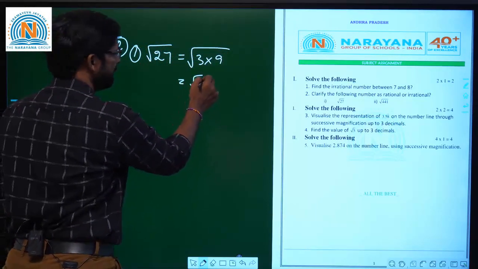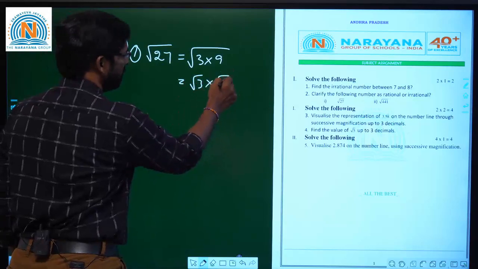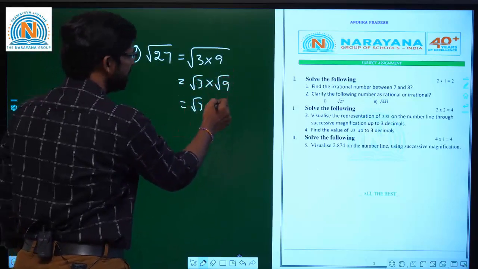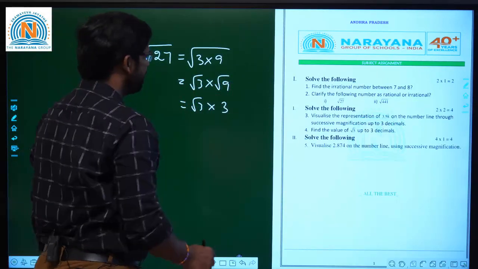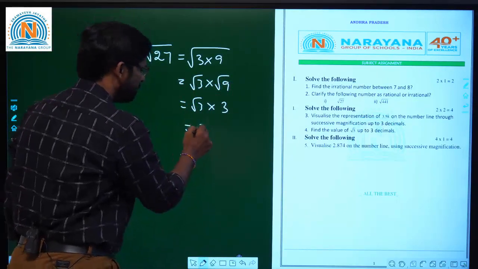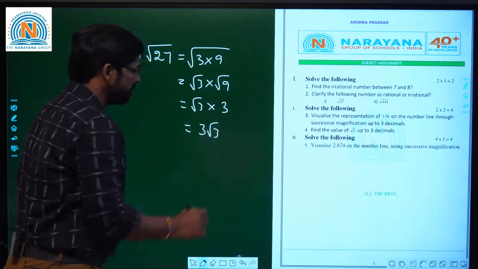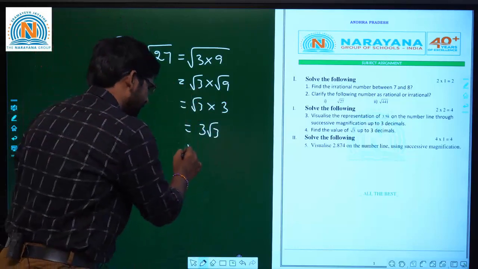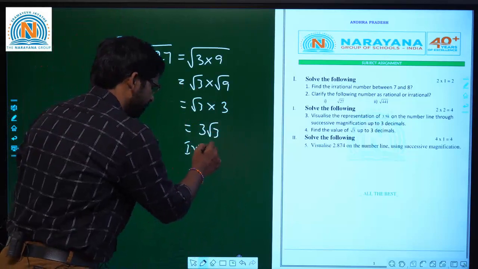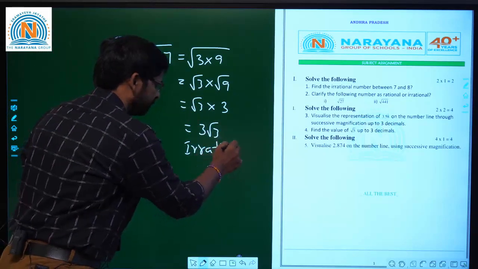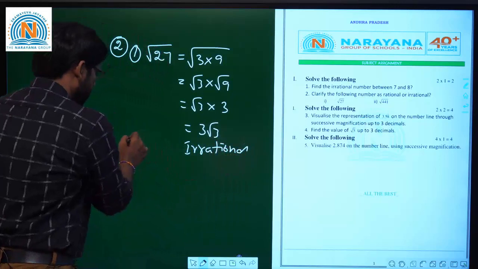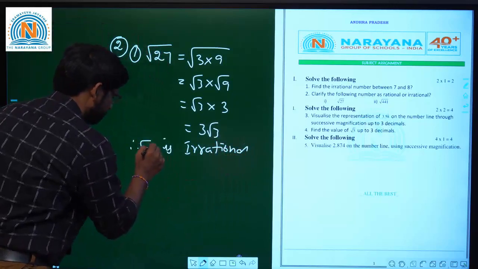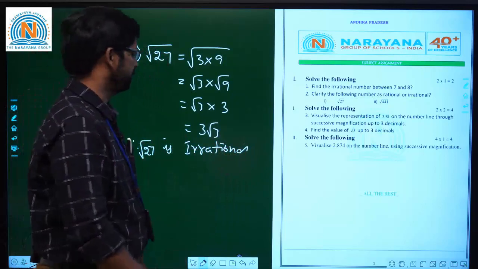Root 3 into root 9. Root 9 is a perfect square, you get 3. So that's why 3 root 3. Is 3 root 3 rational or irrational? Irrational number. Correct. Therefore, root 27 is irrational.